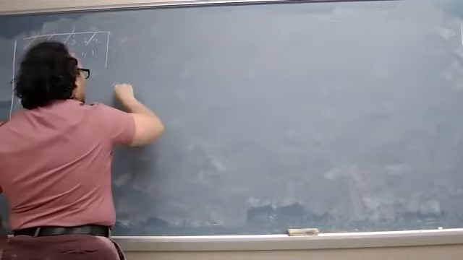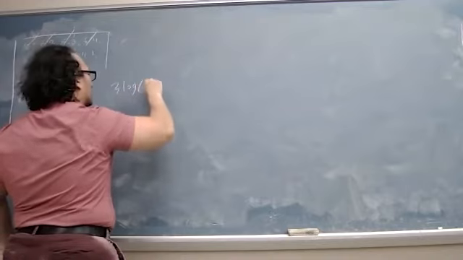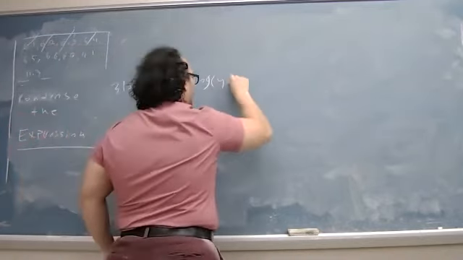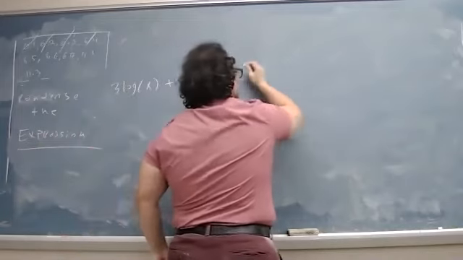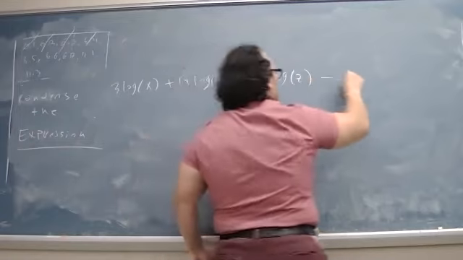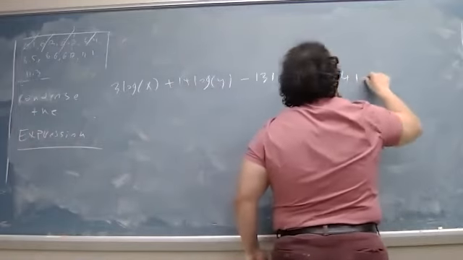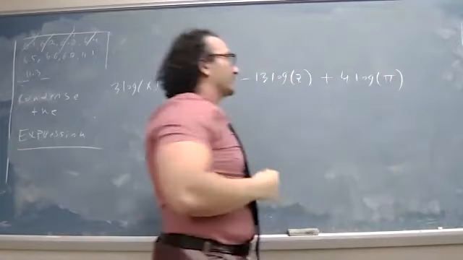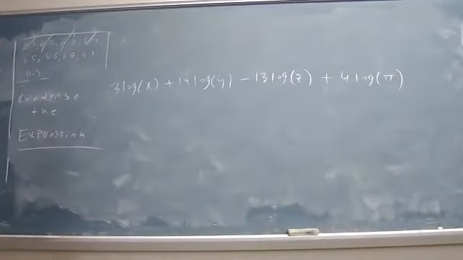So let's condense an expression. How about 3 log of x plus 14 log of y minus 13 log of z plus 4 log of pi. Let's condense it to just 1 log.